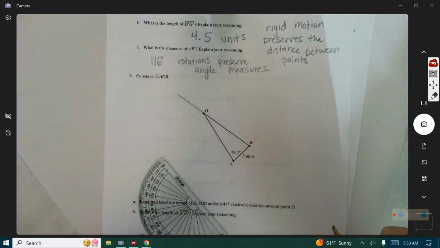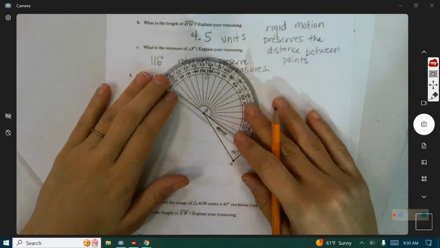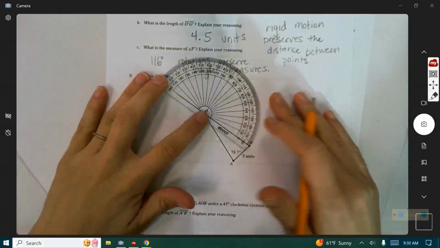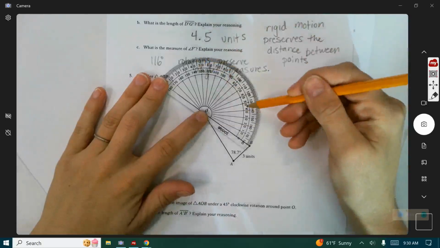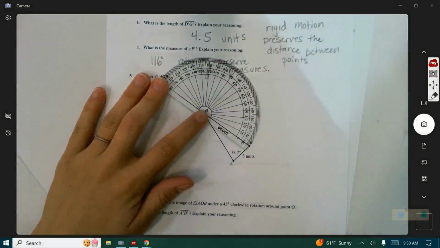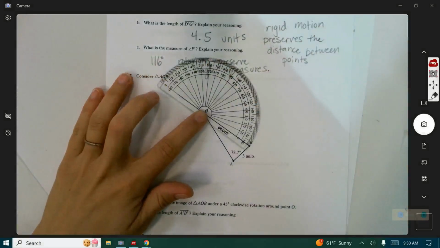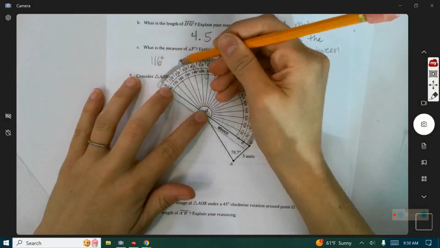Then we need to create a 45-degree angle. On my protractor, there are two 45s. There's one over here, and there is one right here in between 40 and 50. Now, since I'm trying to turn clockwise, I want to move clockwise on my protractor. So I'm going to start over here and head to 45.